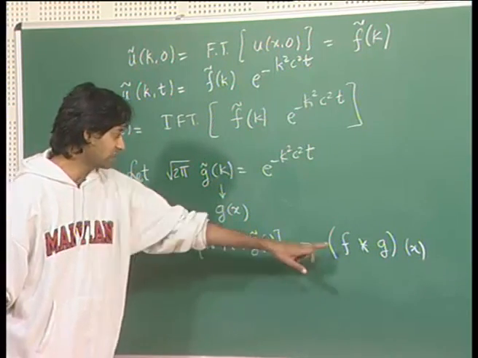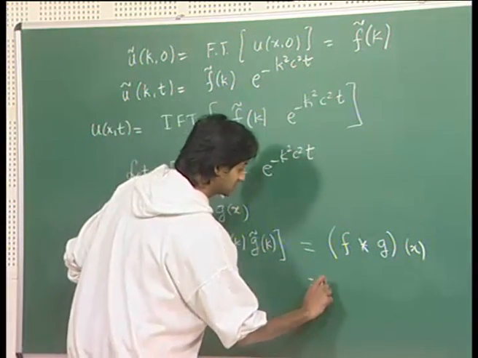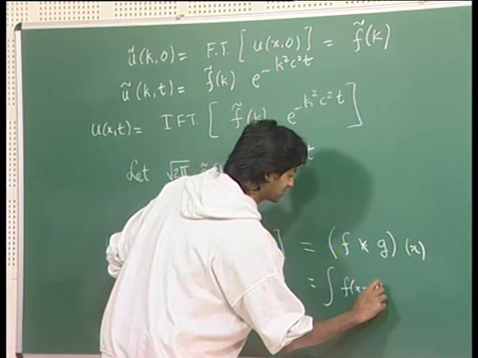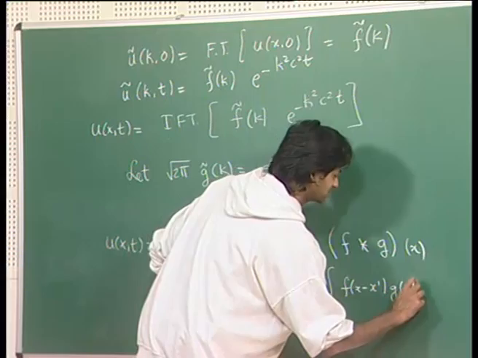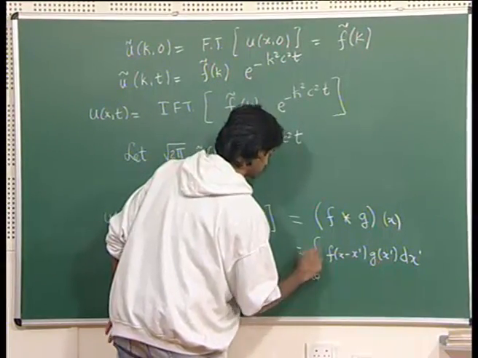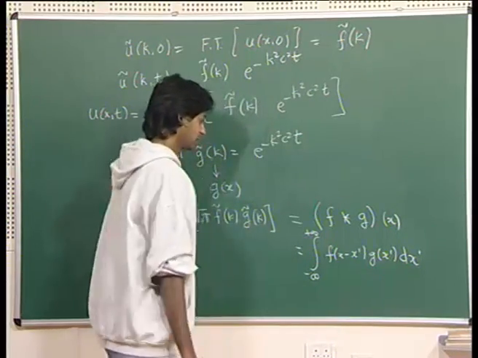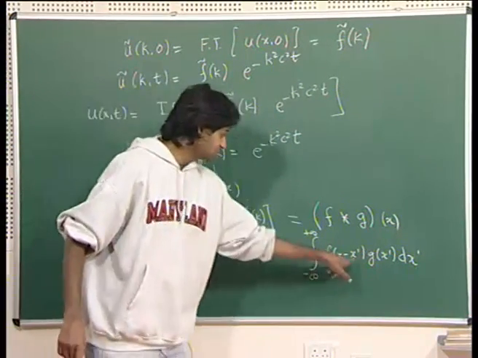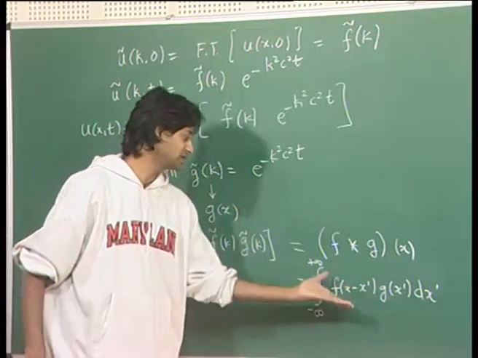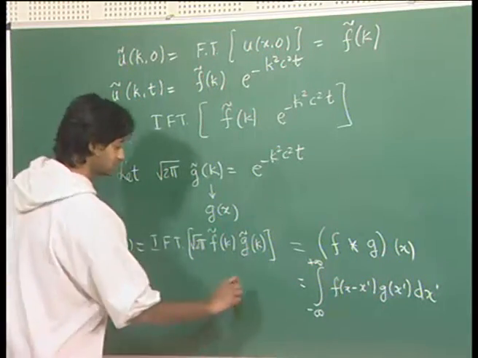So, f star g of x is the integral of f of x minus x prime, g of x prime, d x prime from minus infinity to plus infinity. Now, f is known. So, what you have to do is determine g. If you know g, then you have the solution for u of x, t.